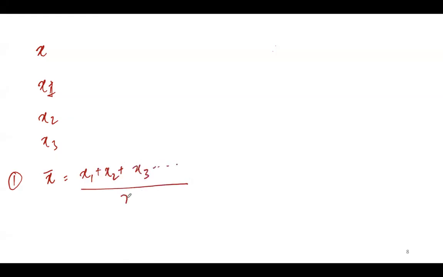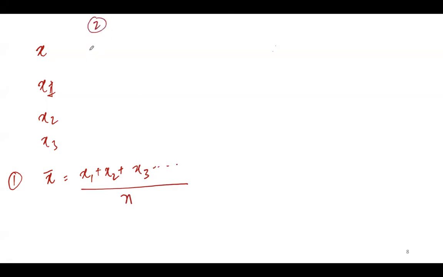The way to find the standard deviation for any distribution is, you have these values X1, X2, X3, and so on. The first step is that you find the average. So that's X1 plus X2 plus X3 and so on, divided by how many values there are. So that's N. That's the first step.